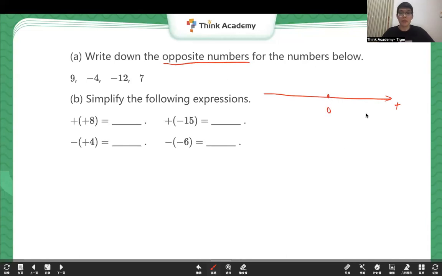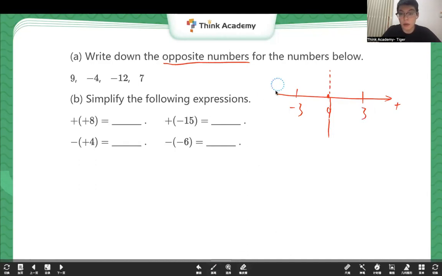Opposite numbers actually means reflecting a number about 0, considering 0 as the mirror point on the number line. So if I have, for example, 3, the opposite number is going to be -3. Or, of course, the other way around. If I have -3, the opposite number is going to be 3. So these are the definition of opposite numbers.